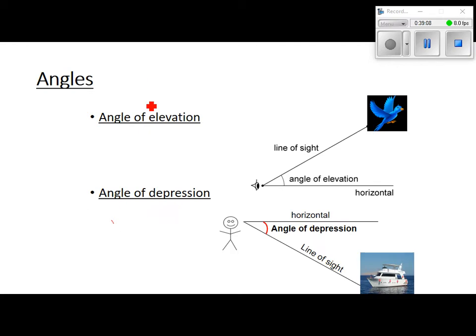We talked about this last time. If you didn't write it down last time, some of my classes we didn't get to it before break. Angle of elevation, angle of depression. Angle of elevation, you got your eyesight going straight out, and then your eyes go up.